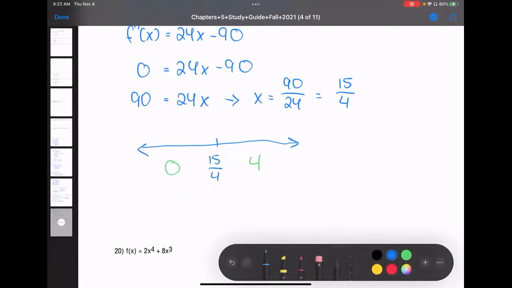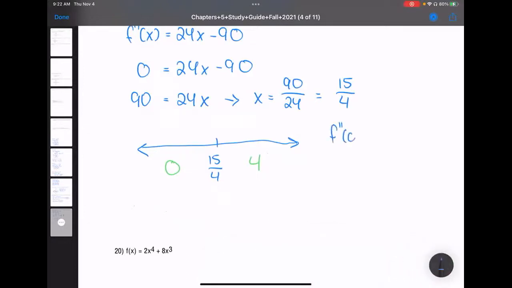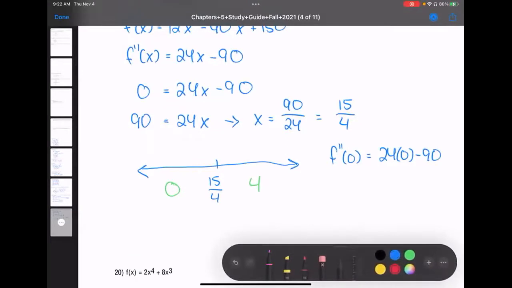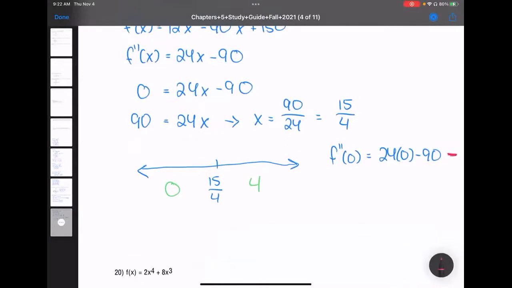Okay, so at f double prime of 0, we have 24 times 0 minus 90, which means this is a big negative number.